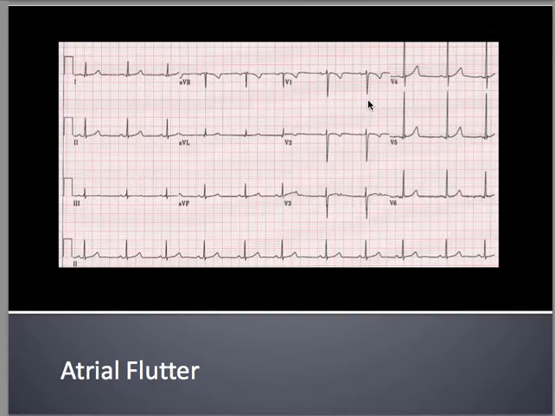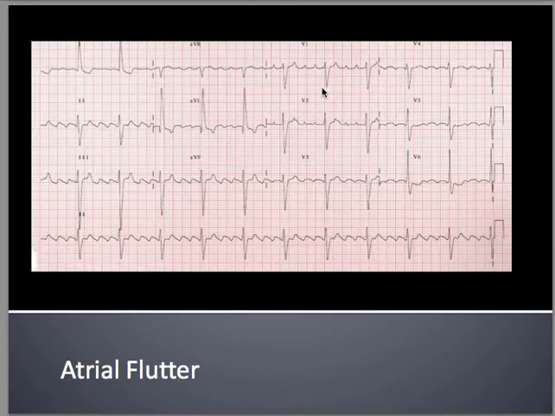Whereas in patients with atrial flutter, instead of having a 1-to-1 ratio of the atrial and ventricular contractions, what we see here is the atria are contracting at such a fast rate, only every third or fourth atrial contraction is transmitted to the ventricular activation. As a result, we see there's a block. And this typical sawtooth appearance of the atrial contraction is characteristic and diagnostic of atrial flutter.